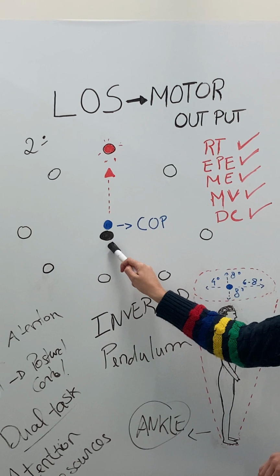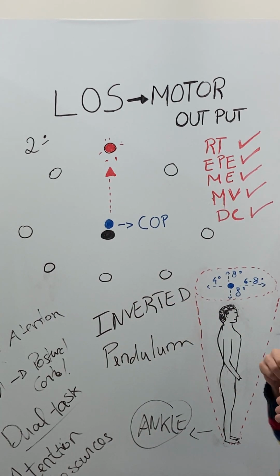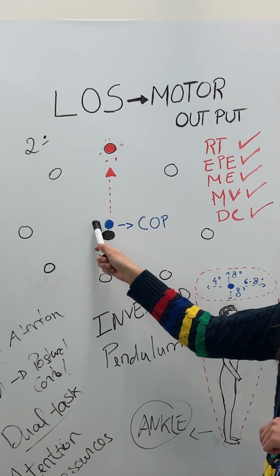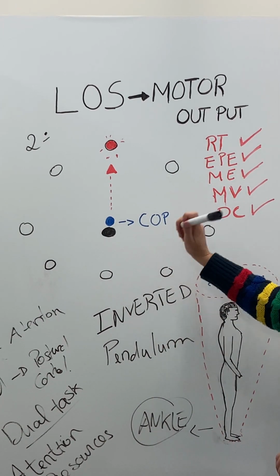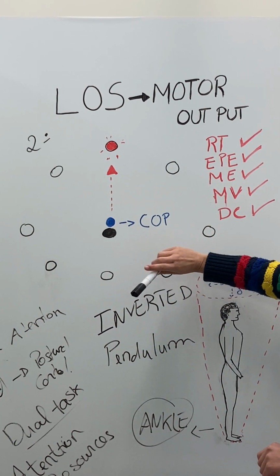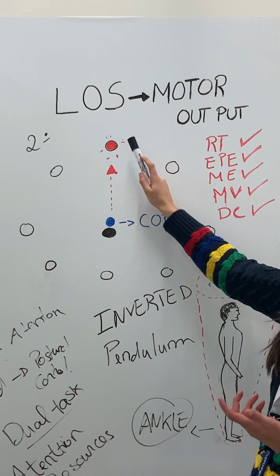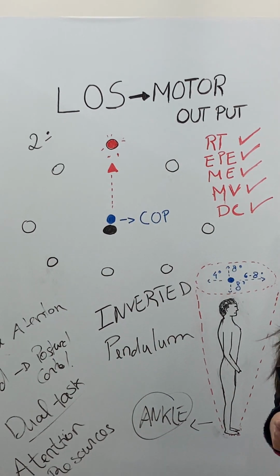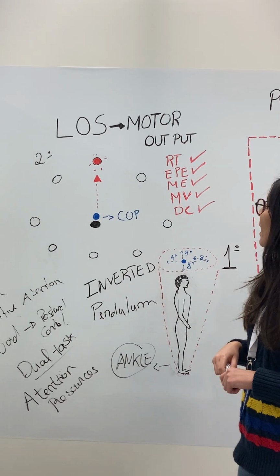Starting on the center, which is the black dot, the blue dot is our center of pressure. When there's an auditory cue to start the movement, we need to try to reach as far as we can towards the target that changes color.